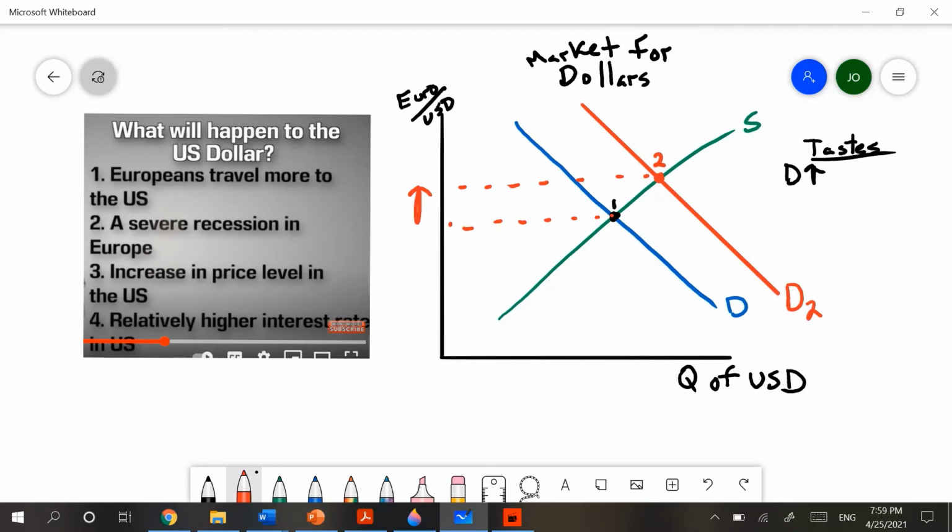Okay, let's put some numbers here as examples so that you can see it. Let's say the exchange rate was 1 for 1. So 1 euro would give you $1. This is not correct, but for simplicity, let's keep it with whole numbers. And now with this new shift in demand, it's going to increase, let's say, to 1.25 euros.